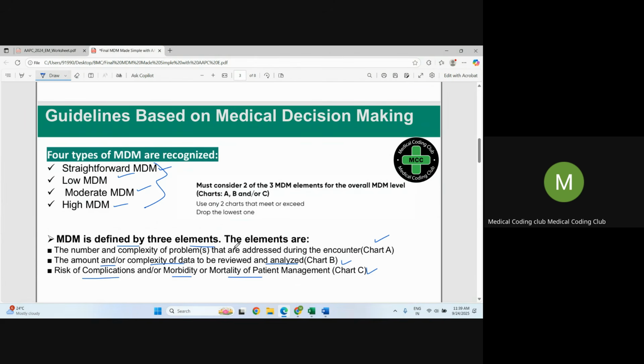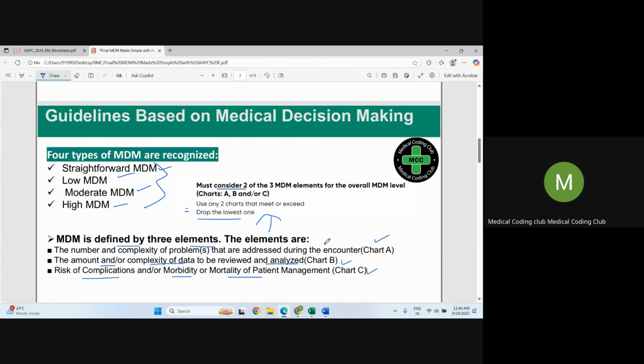Now coming to the coding guideline. The guideline says you must consider 2 of 3 MDM elements for the overall MDM level. You just have to focus on 2 elements. Use any 2 charts that meet or exceed, and drop the lowest one.